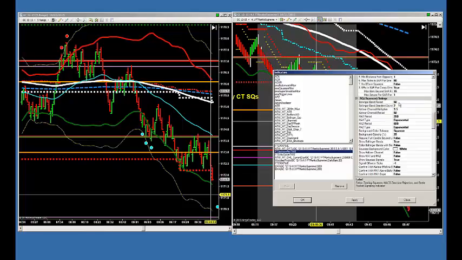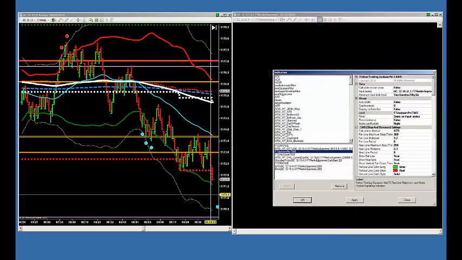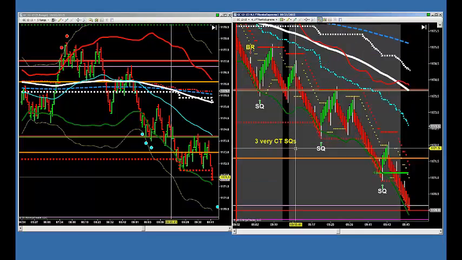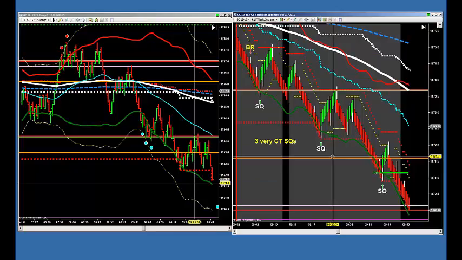The Bollinger Band period, I virtually never change. The Bollinger Band standard deviation, I never change. The Keltner channel multiplier, the bigger the number, the more time in the squeeze. So I'm going to change that to 4, and we'll just get more SQ signals to look at. And that's where that 3, very counter-trend, came from. I think when my computer crashed, I lost that setting.